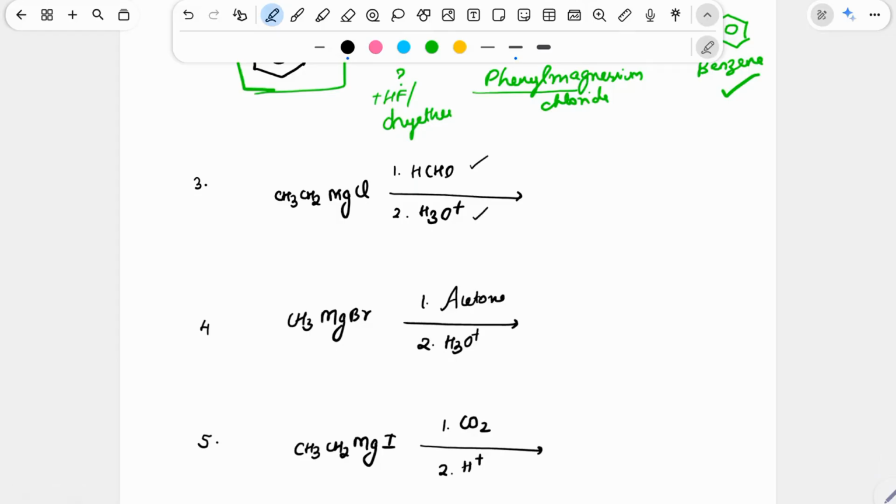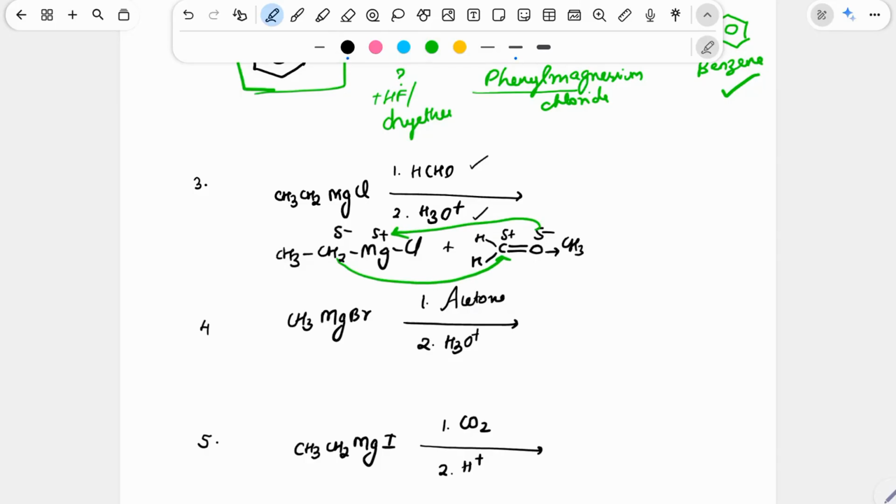So next one, ethyl magnesium chloride reacts with formaldehyde followed by hydrolysis. Any Grignard reagent reacting with formaldehyde, we will end up with a primary alcohol. So how does the reaction happen? This R is partially minus, Mg is plus. And in formaldehyde, carbon is electron deficient, electrophilic. So negative attacks positive.